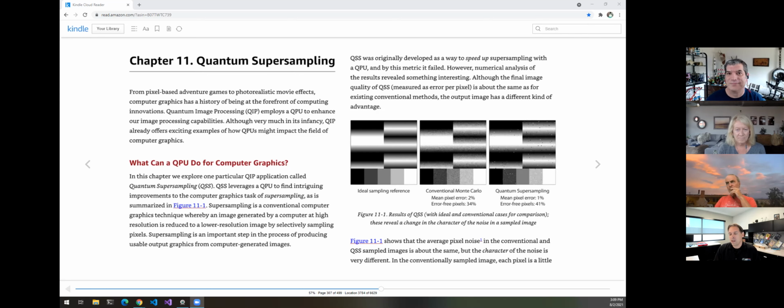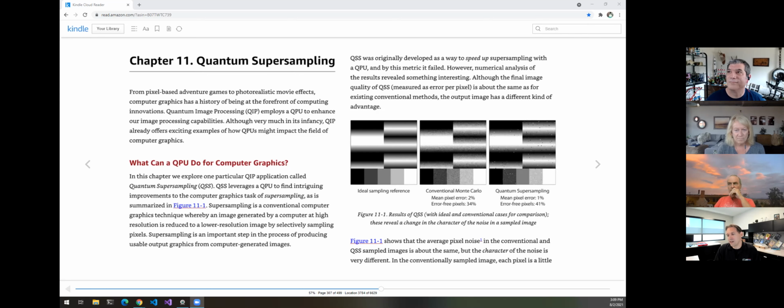And so he shows the results here, and he says the mean pixel error is 2%. And so what I think that means is, out of all the pixels, how far off was each pixel? If it should have been a really nice gray, was it a little too white, a little too dark? So 2%, that doesn't sound too bad. Error-free pixels are 34%, so roughly a third of the image is perfect.